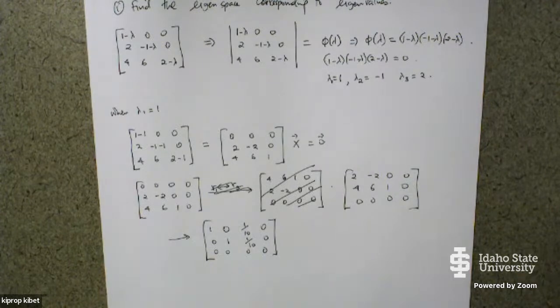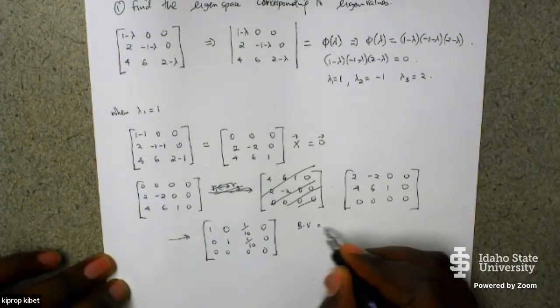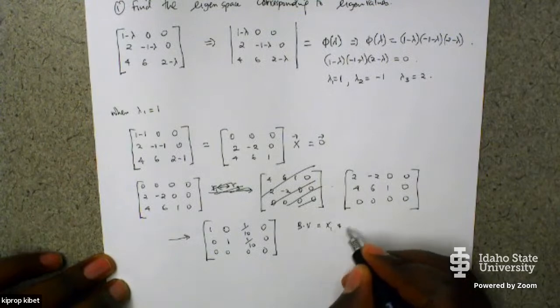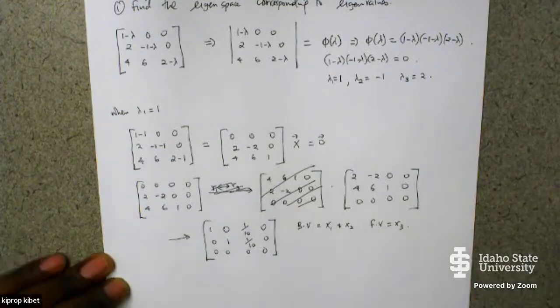So we have our basic variables x1 and x2, and our free variable is x3.